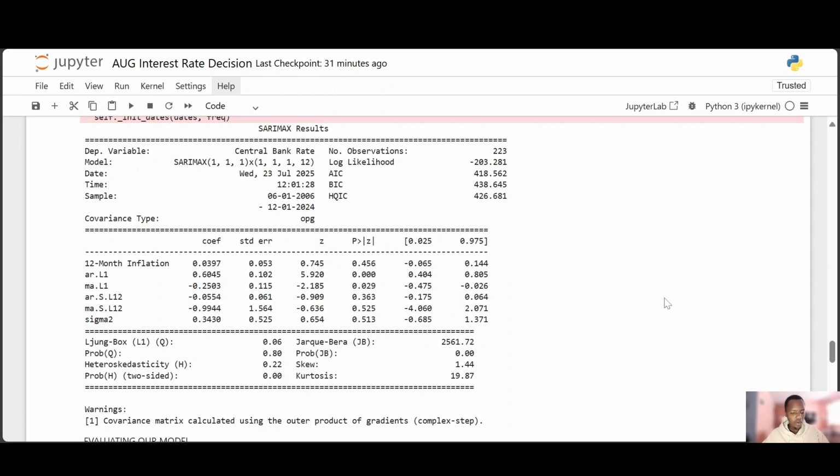Then the AR1 component in the seasonal part, and the MA1 in the seasonal part, are 0.363 and 0.525 respectively, which are both greater than 0.05. What this tells me is that the AR1 and the MA1 in the seasonal part are not significant, so what I can do is just set them as 0 and 0.